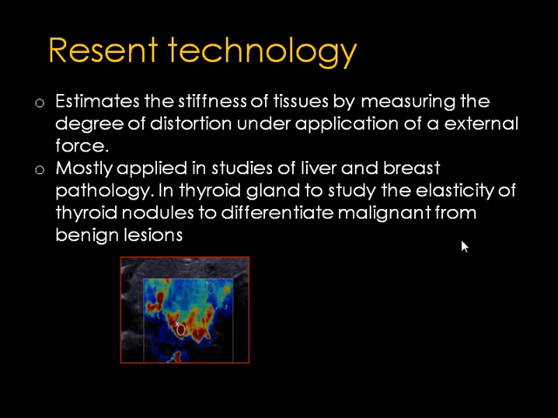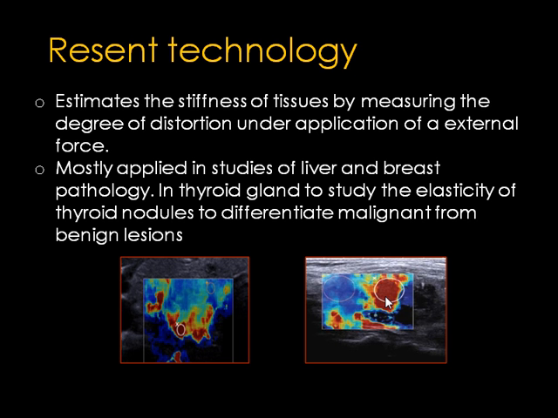In this thyroid elastography, the blue color indicates very soft area and red color indicates hard area. And this is a papillary carcinoma. The nodule is very stiff, appearing as red on color display, while the adjacent parenchyma is less stiff, appearing as blue.